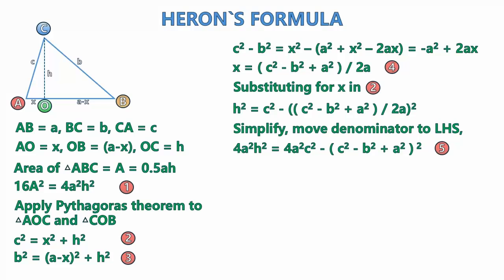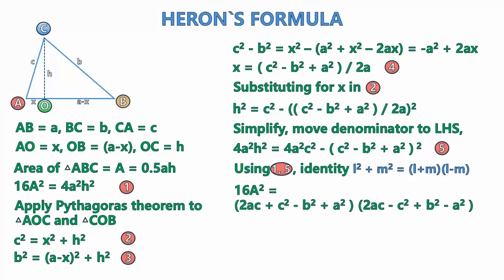Now if you observe equation 1 and equation 5, you will see that we have 4a squared h squared is equal to 16 area squared. Using equations 1 and 5 and using the identity l squared minus m squared is equal to (l plus m) multiplied by (l minus m) that you have learnt in the previous videos, we can write 16 area squared is equal to, the 4a squared c squared is actually (2ac) whole squared, and we have already (c squared minus b squared plus a squared) whole squared.